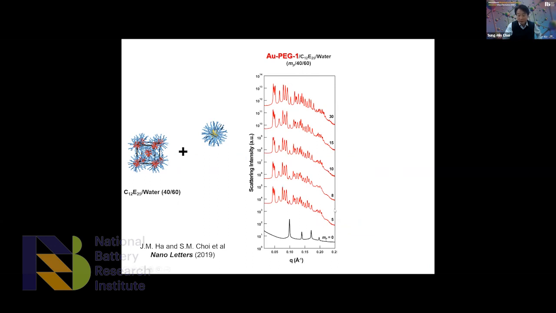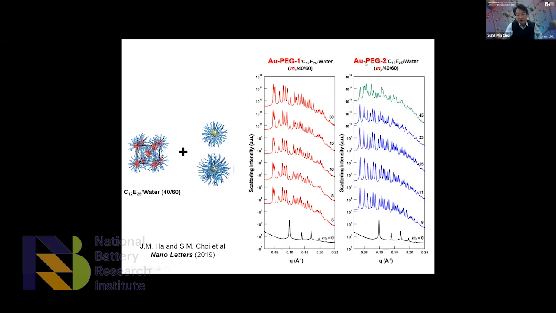And this depends on the amount of nanoparticle we put in. Essentially, they show the same structures, but this one has the highest sharpness of the scattering pattern, meaning that it is highly ordered.